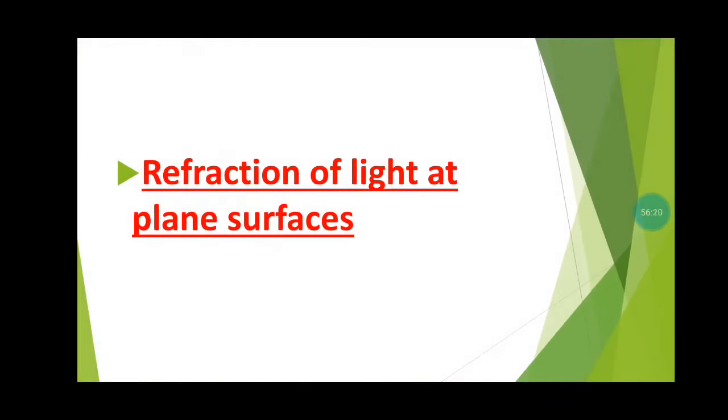Next one, refraction of light at plane surfaces. We have learnt about the reflection of light in an earlier chapter. The beauty of nature is made apparent with light. Light exhibits many interesting phenomena. Let us try to explore a few of them.